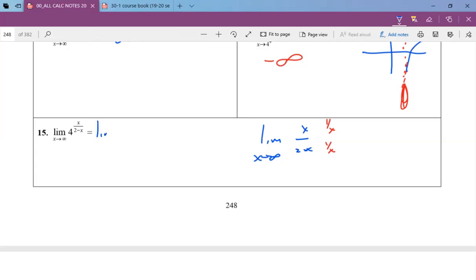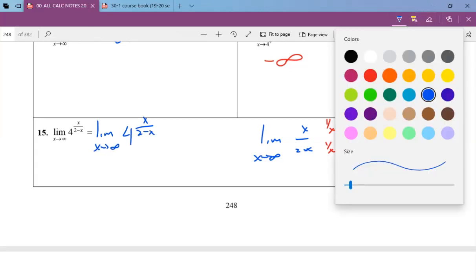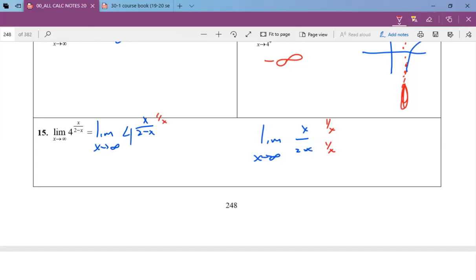So this ends up being equal to the limit as x goes to infinity of 4 to the x, and we're going to multiply top and bottom by 1 over x. This ends up being equal to the limit as x goes to infinity of 4 to the 1 over 2 over x minus 1.